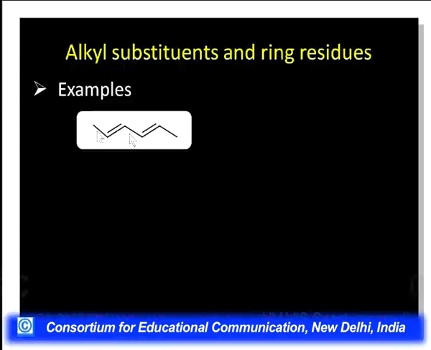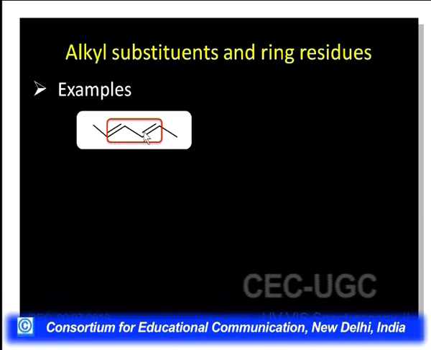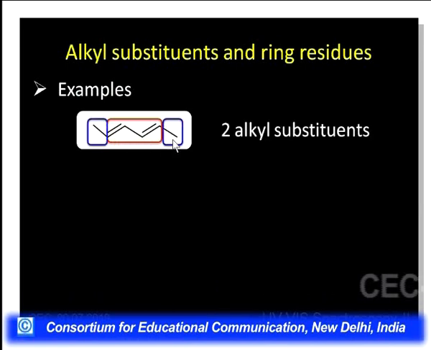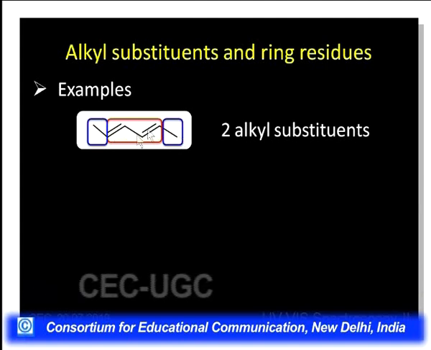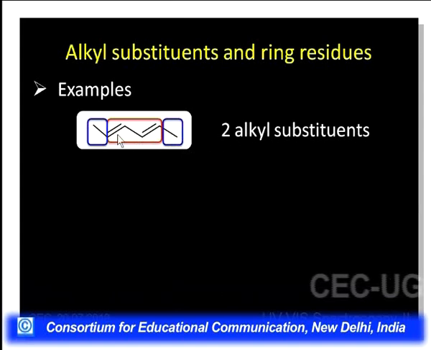Suppose this is the molecule I'm talking about, and in this molecule, this happens to be my chromophore, that is butadiene, and these two happen to be alkyl substituents. That means this is my basic chromophore, and on it, this is one substitution, and there is another substituent. So there are two alkyl groups as substituents in this case.